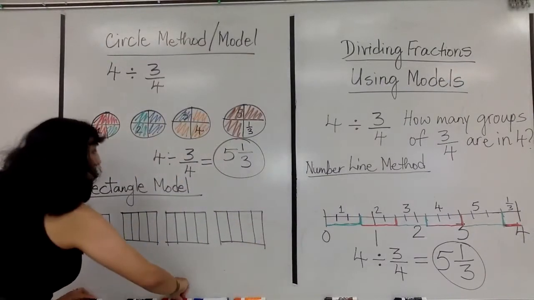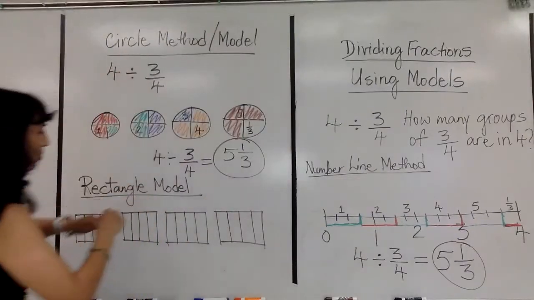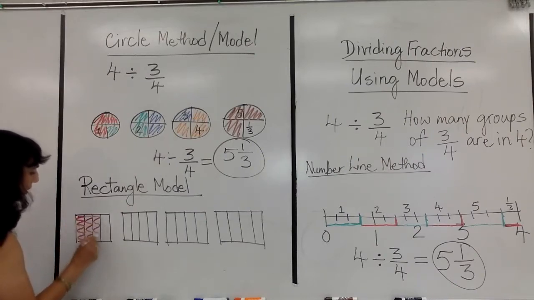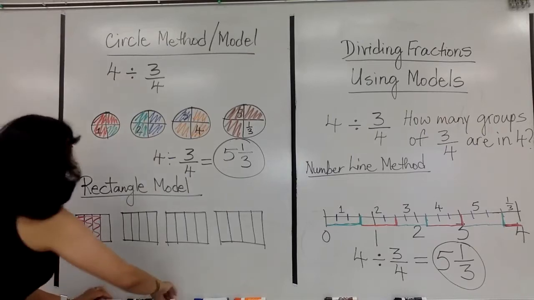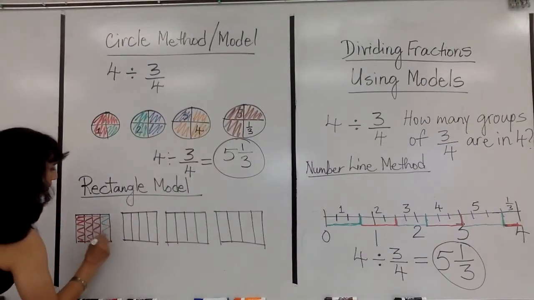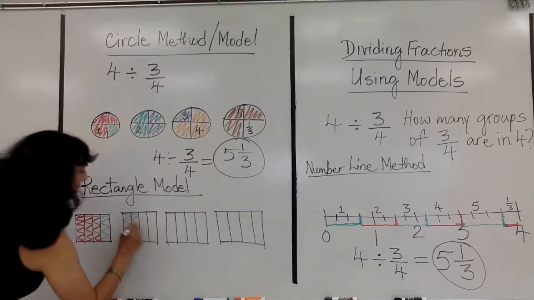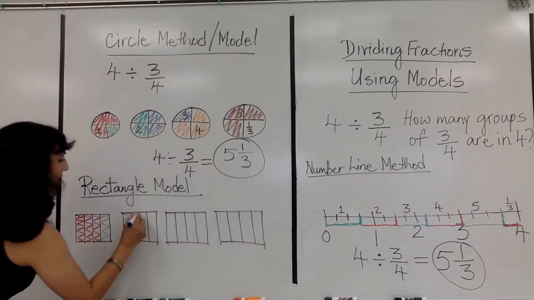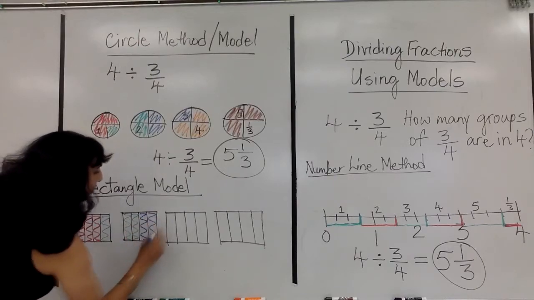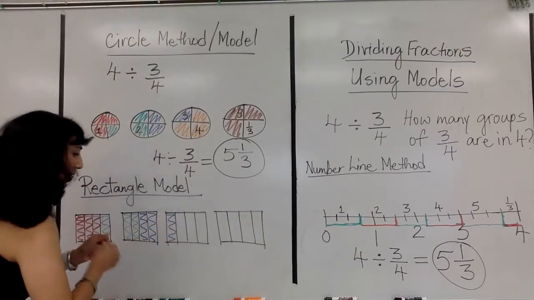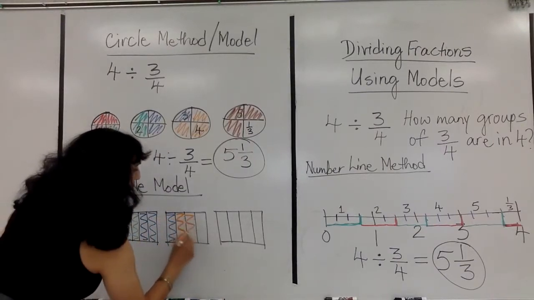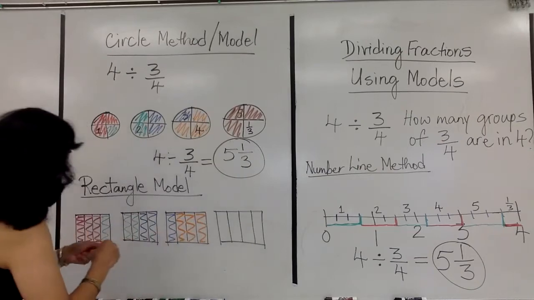And then we are going to look at the numerator. We are going to color in 3 out of the 4. This is 1/4, 2/4, 3/4, one color. And then 1/4, 2/4, 3/4, another color. And then 1/4, 2/4, 3/4, another color. 1/4, 2/4, 3/4, another color.